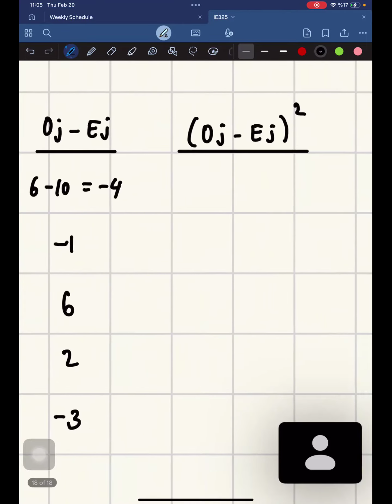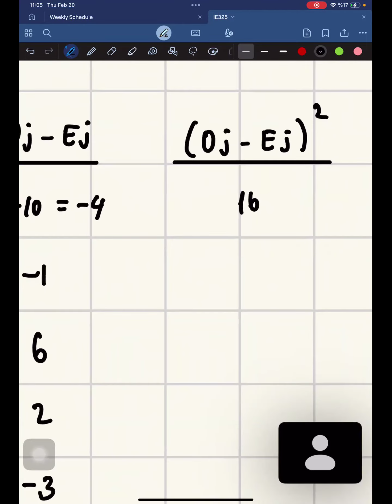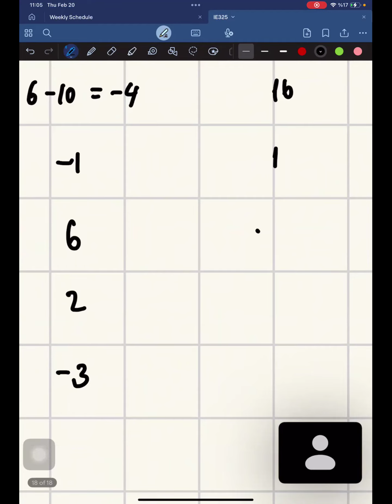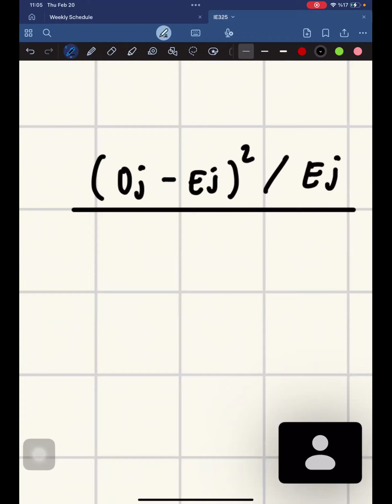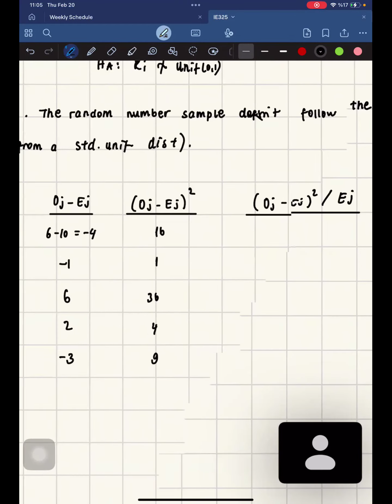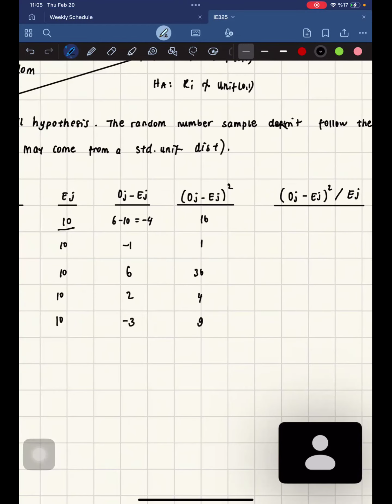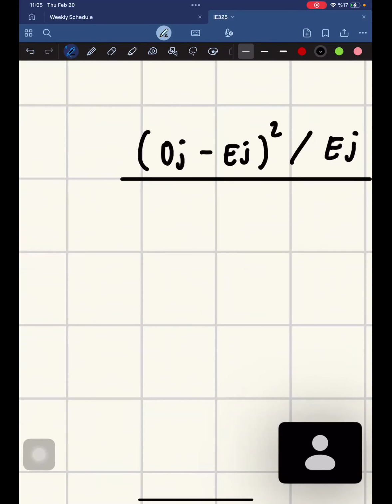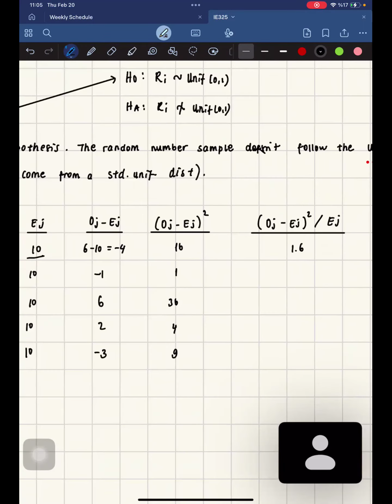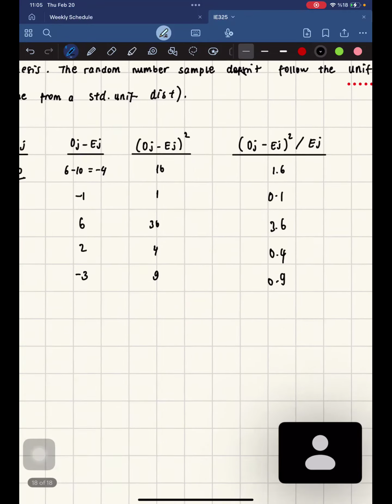So we have to take the square of them: 16, 1, 36, 4, and 9, and divide by Ej, which is 10. So 16 divided by 10 is 1.6, 1 divided by 10 is 0.1, 36 divided by 10 is 3.6, this is 0.4, and this is 0.9.